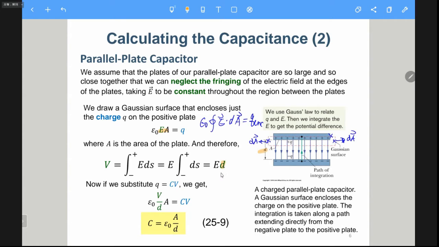So V, the potential difference between the parallel plates, is nothing but E times d.